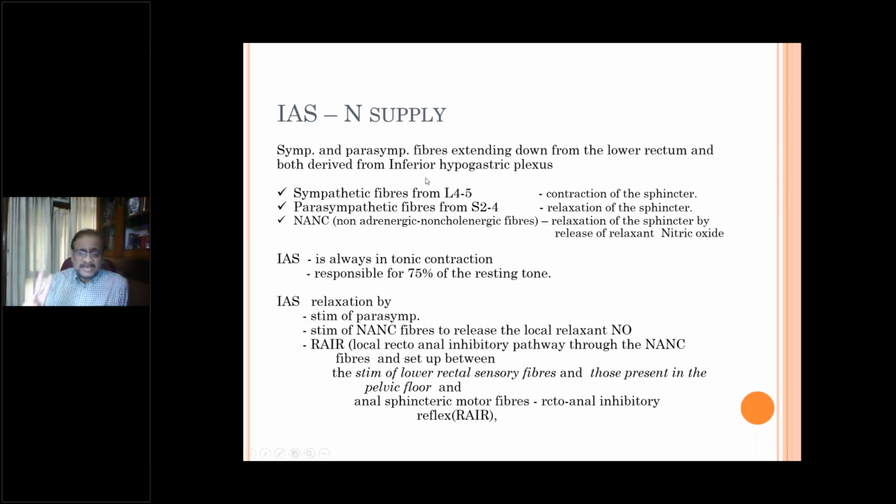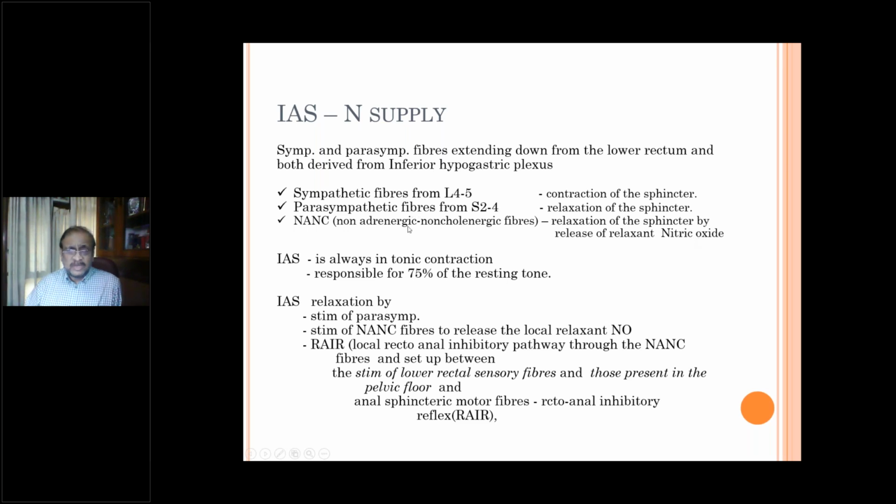It has three kinds of supplies: sympathetic from L4-5, parasympathetic S2-4, and the non-adrenergic, non-cholinergic fiber. Now, what are they doing? Apart from the sympathetic, which keeps it in perpetual contraction, the rest are relaxants of the sphincter. That means the moment you have parasympathetic stimulation, or the moment you have a nitric oxide release from the NANC fiber, they act by release of relaxant nitric oxide.